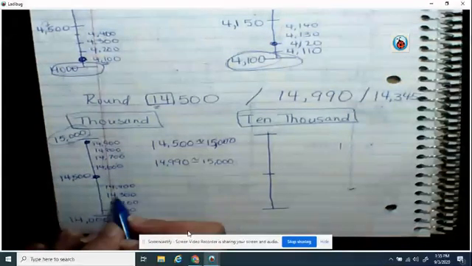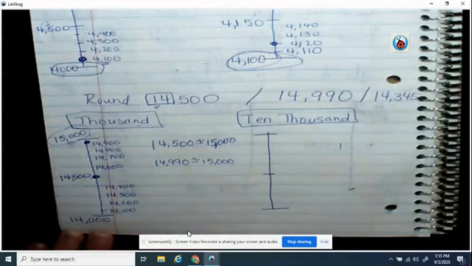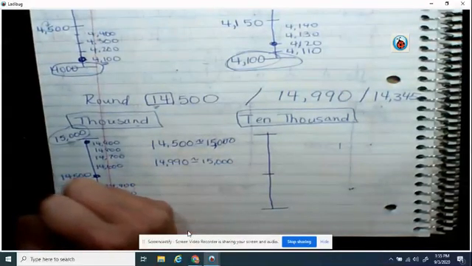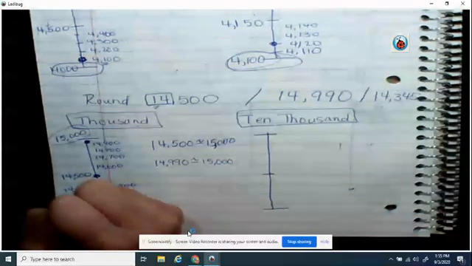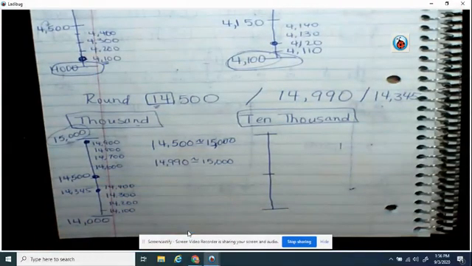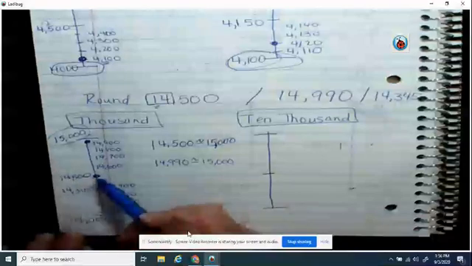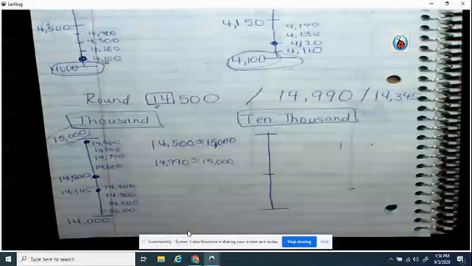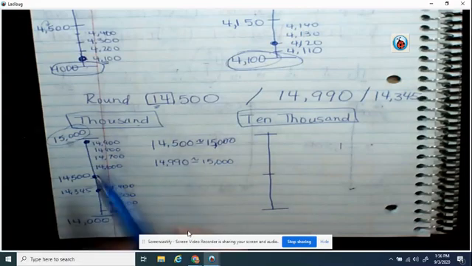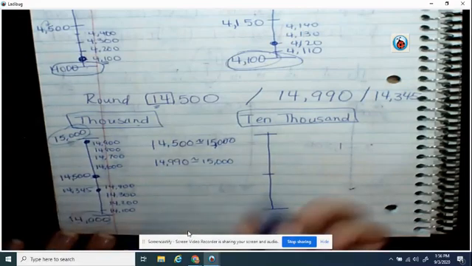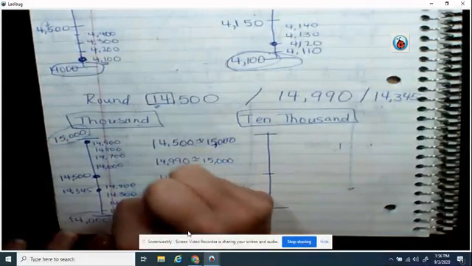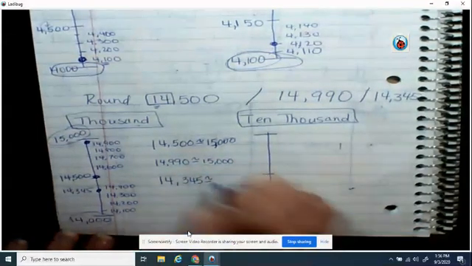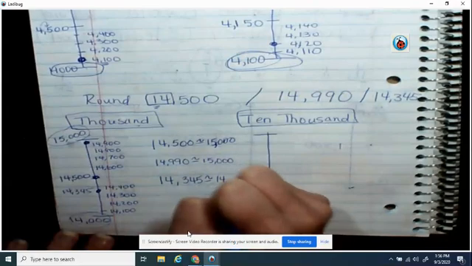Okay, it's going to go in between 300 and 400, somewhere on the line right in there, 14,345. Okay, that's less than the midpoint. That's less than the 14,500. When it's less than the midpoint, we're going to round it down. So 14,345 is going to round down to 14,000.